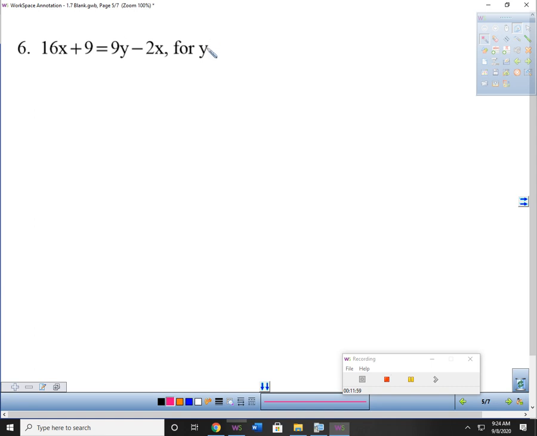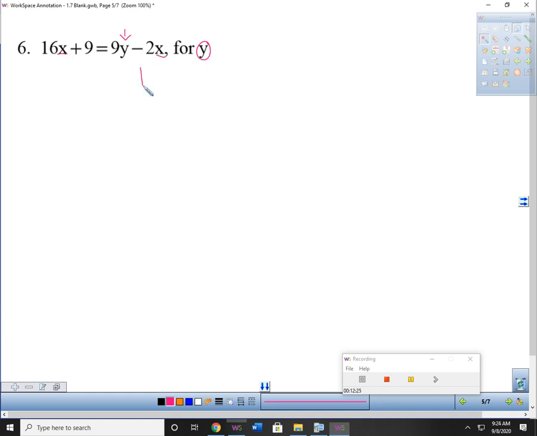All right, so we are solving for the y. So first thing, let's identify we only have a y here, right? So if you look over here, do you have anything that you can put together? No. No like terms. And over here, there's no like terms. But I do notice that I have an x and an x.